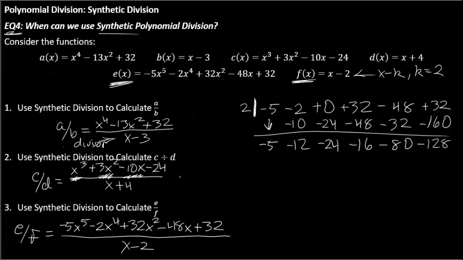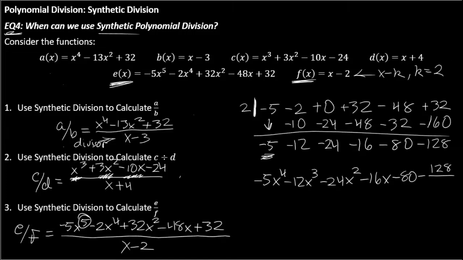And our highest degree term, if we recall, is a 5th degree, so that means this negative 5 is the coefficient of a 4th degree term. And we're just going to go in descending order all the way down, so minus 12x cubed, minus 24x squared, minus 16x, minus 80, and then of course our remainder of negative 128 over our divisor, x minus 2.